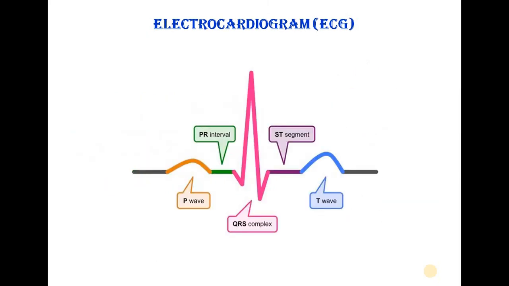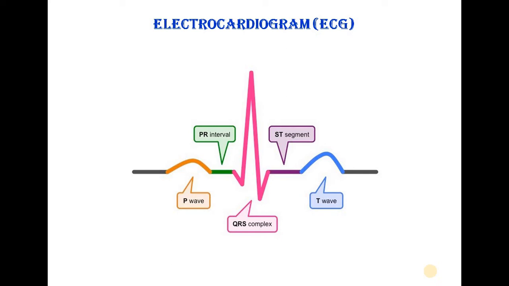So the electrocardiogram or ECG is basically a PQRST waveform. Here, if we consider the amplitudes, the three amplitude peaks present are called as P wave, R wave and T wave. In the ECG waveform, the amplitude and time period are significant.